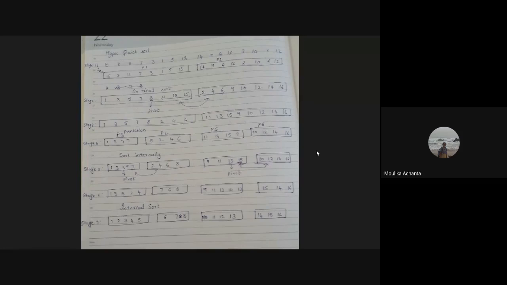In stage two, an internal sort will be done on these two sublists. In P1, these elements were sorted in ascending order: 1, 3, 5, 7, 8, 11, 13, and 15. Similarly, the second sublist P2 is also sorted.